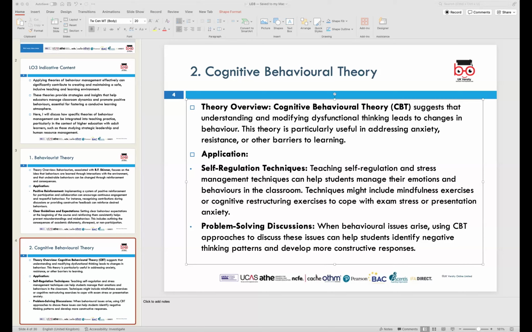So sometimes we have to lead by example. We have to understand the behaviors, along with the emotions and the thought process of our learners. And that is where this particular theory comes in, because it puts its focus on, when it was proposed by Beck in the early 1960s, thoughts, emotions, and body sensations.